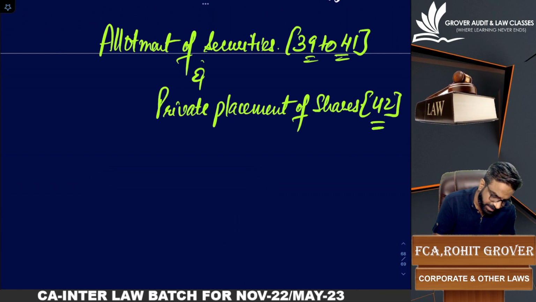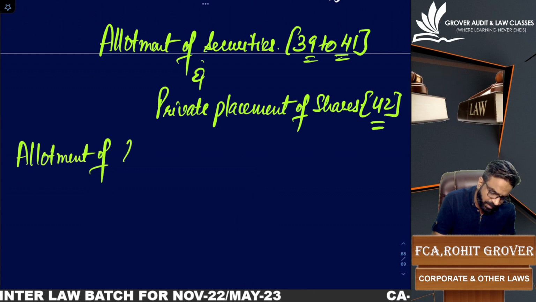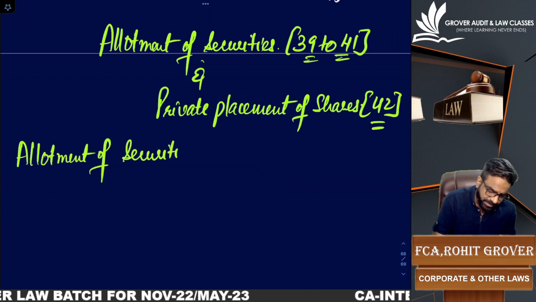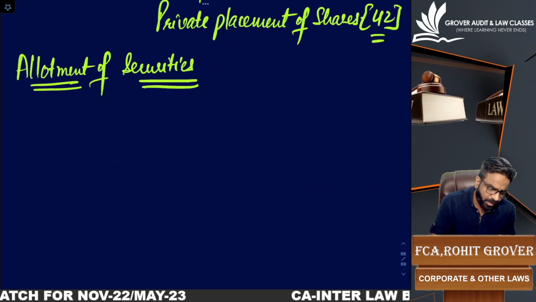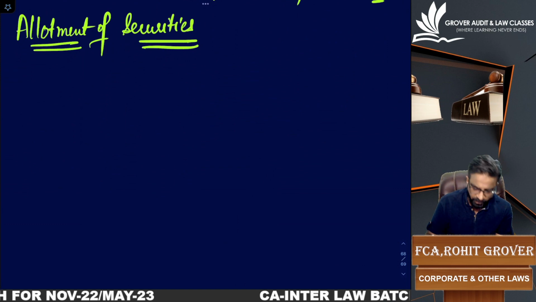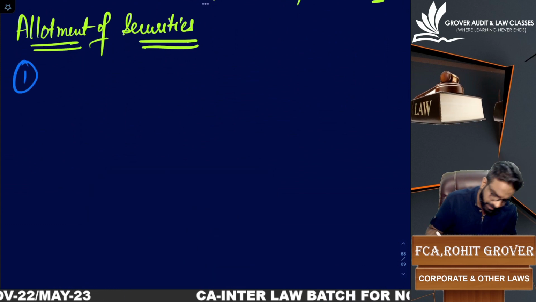Now let us first understand without fail what you mean by allotment of securities. There are so many things in the allotment of securities you have to understand. What is the first thing we are going to understand in the allotment? Point number one.